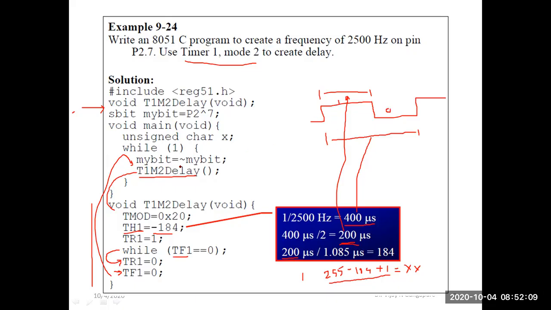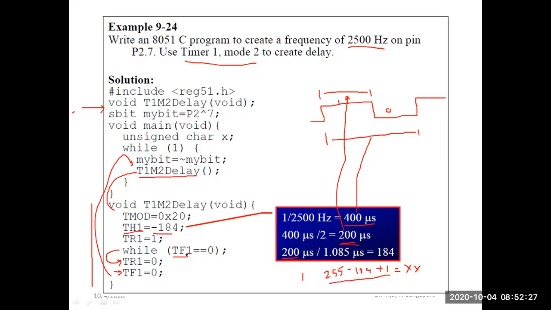In this way we toggle pin 7 of port 2 continuously, calling a time delay of 200 microsecond in between.